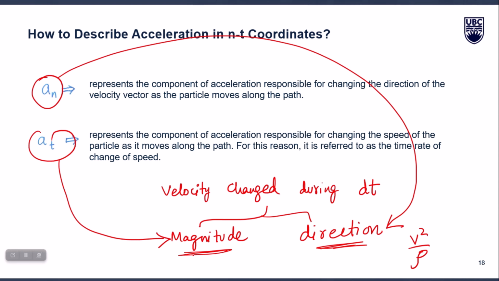But a sub t is equal to v dot, right? How fast the speed is changing will tell you what a sub t is, and the radius of curvature will affect a sub n, right? So in short, we can have another interpretation of a sub n and a sub t. A sub n is the component of acceleration responsible for direction change of velocity. A sub t is the component of acceleration responsible for magnitude change of velocity, right?